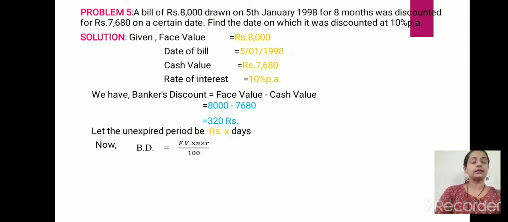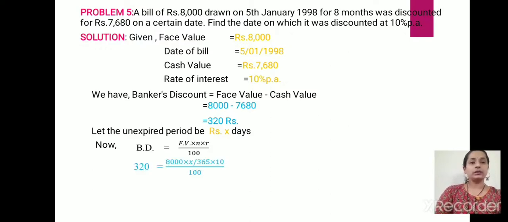If you recollect, banker's discount is simple interest calculated on face value. Banker's discount is equal to face value into n into r upon 100. Now in the problem, the unknown thing is the period n, that is X.